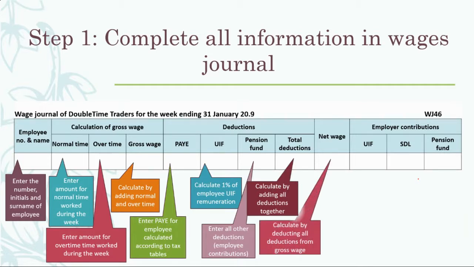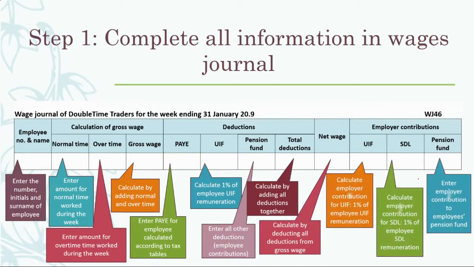Your net wage is your gross wage less your total deductions, and then your UIF, SDL, and pension contributions is what the employer needs to pay over on behalf of the employee. The UIF and SDL is what they are required to pay over by law, and the pension fund is whatever they match to your salary.